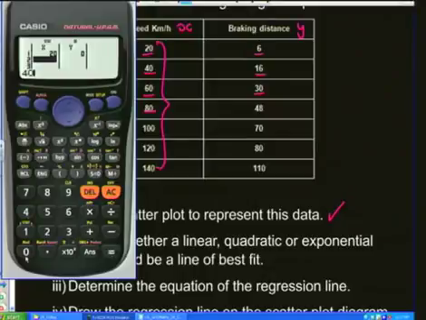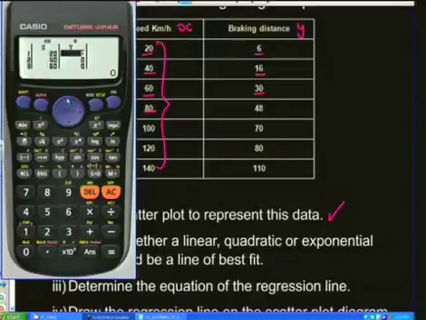We've got 40. I've got 60. Oh, guys, I know what I did wrong. 60, 80, 100. I've got 120. And I've got 140. Sorry, the mistake that was made there is I need to fill in the other side as well. Calculator can't work out the values unless it actually has the values.